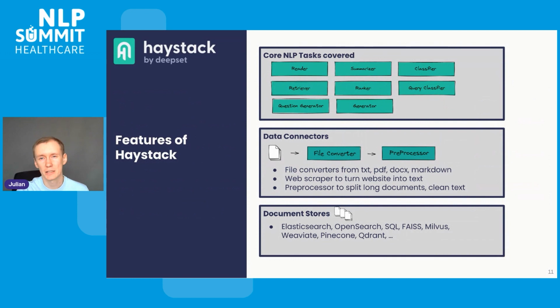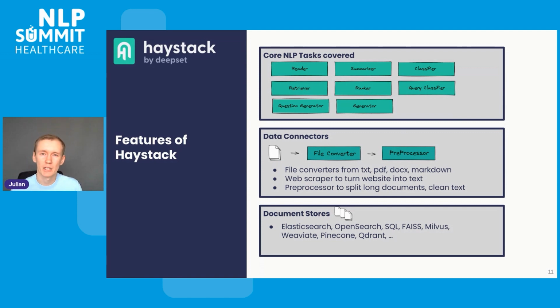And the features of Haystack are that you can build these pipelines, these two, and in particular the search pipeline, with different nodes, with different components. And this allows to cover many different NLP tasks. So for example, there's a reader node, and this component extracts answers from a given short document. Then there's a retriever that can, from a large amount of documents, retrieve the top relevant ones, given your question.